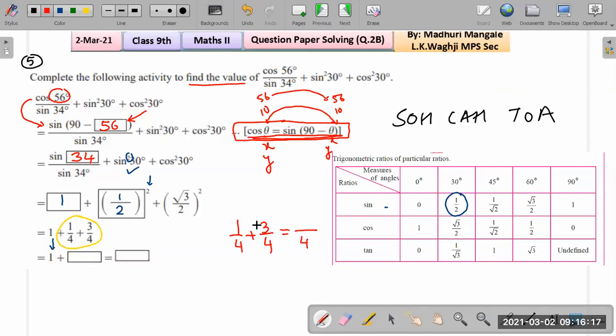We write it once and combine the numerators. So this will be 1 plus 3, which is 4 upon 4. And 4 upon 4 is equal to 1, as numerator and denominator are the same. Then the next part, everybody should know the answer: 1 plus 1 equals 2. So that completes this question.